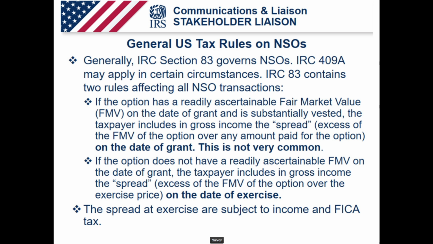The taxpayer would include in gross income the spread, the excess of the fair market value of the option over the exercise price. As Code Section 83 treats the spread as compensation, the spread is characterized as ordinary income. The exercise of the NSO is income in the year of exercise and reported on the Form W-2 for employees or Form 1099 for consultants.